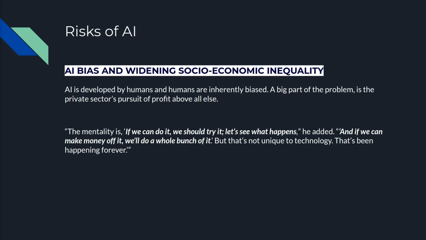At the end of the day, a huge part of AI research is funded by the private sector, and they go for profit. As long as they make profit, everything else is okay. It's like that quote: if we can do it, we should try it. Let's see what happens. And if we can make money off it, then might as well do it a bunch of times and make more money off it. That's the mentality, and it's not unique to technology. So it translates. That's another risk of AI.